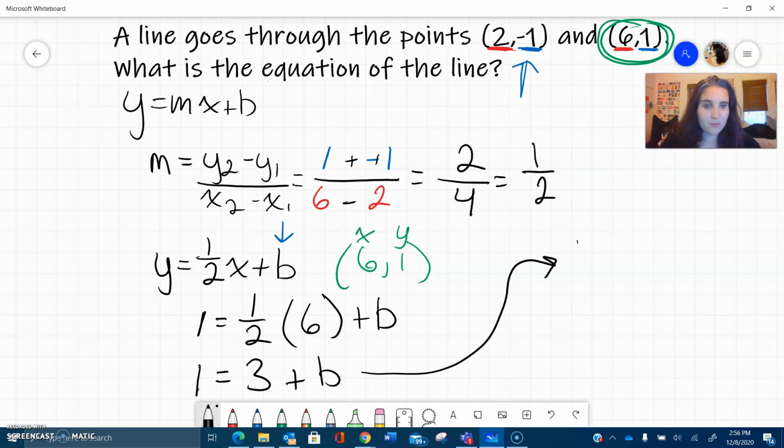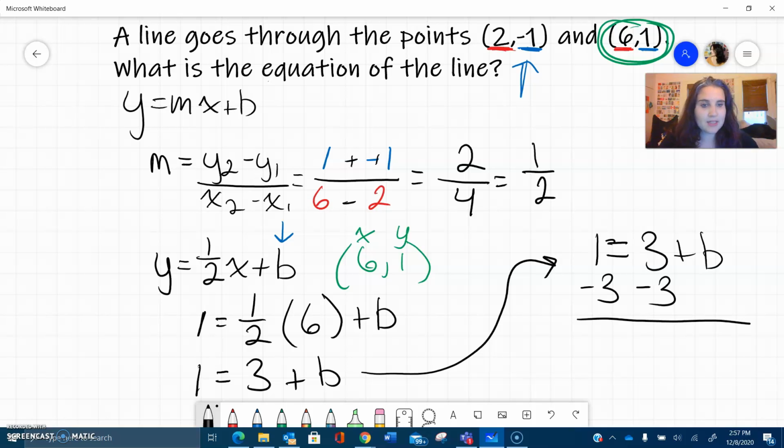I have 1 equals 3 plus b. I want to get b by itself. So in order to get b by itself, I subtract 3 from both sides. 1 minus 3 is -2. 3 minus 3 cancels, and that equals b. So b equals -2.